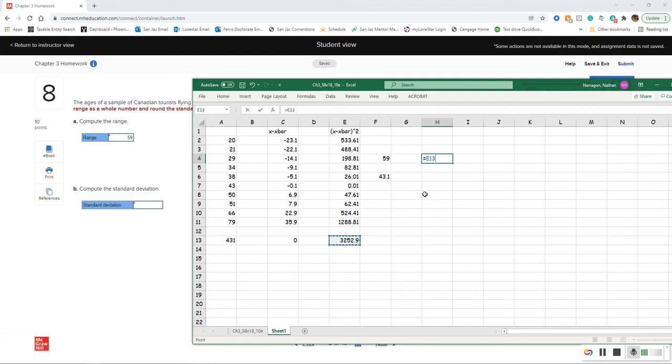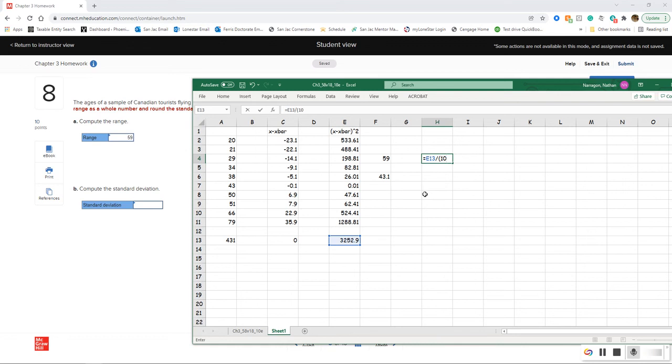So again, we're going to take the total. Now since this is a sample, when you divide, in the denominator, the bottom part of the fraction, because it's a sample variance and we're not using the actual population, we have to take the number that we have of items.